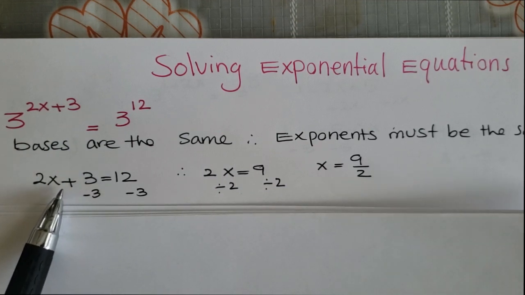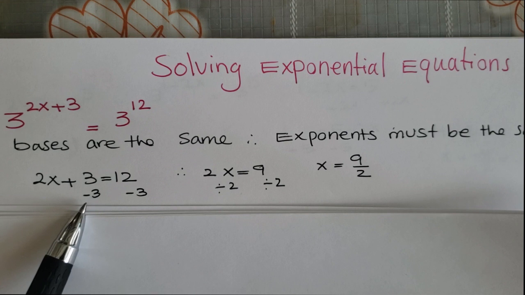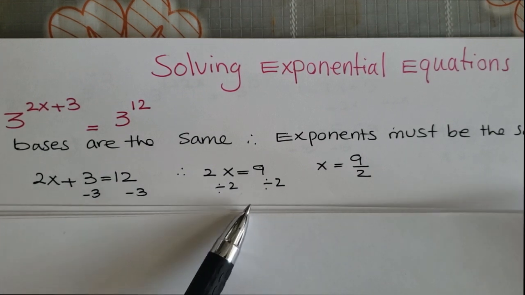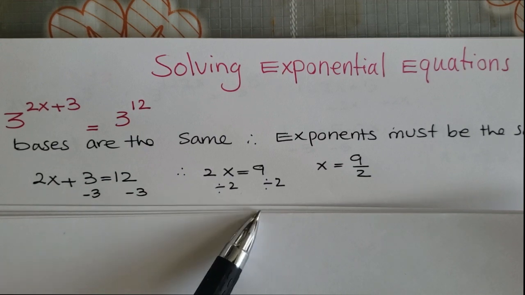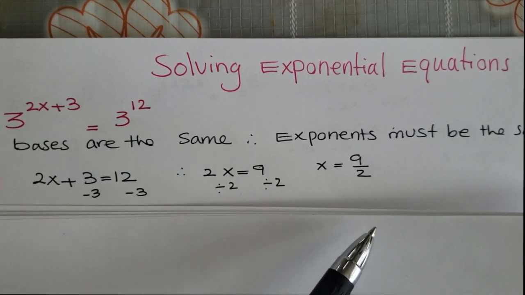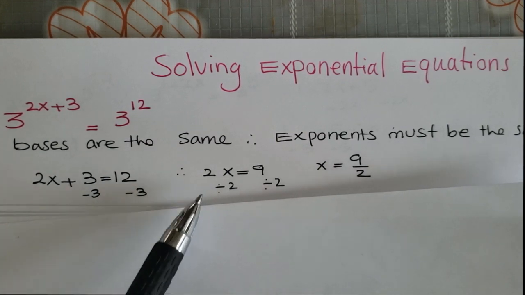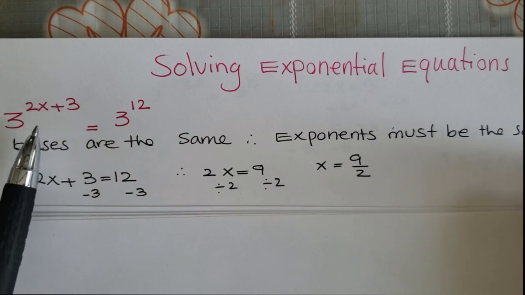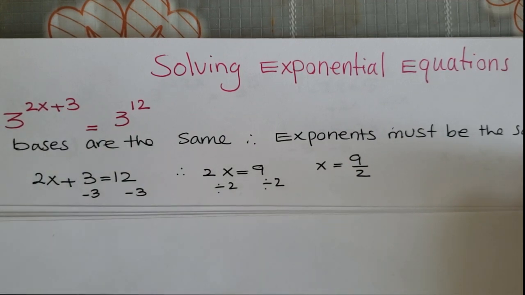That's a linear equation. So here I subtract 3 from both sides. 2x equals 9. I divide both sides by 2. x would be 9 over 2. That means in the original equation, if I substitute x as 9 over 2, the two sides would be exactly the same.